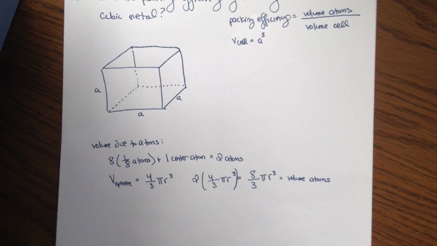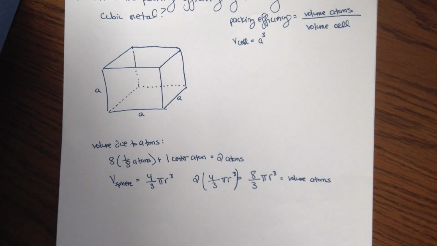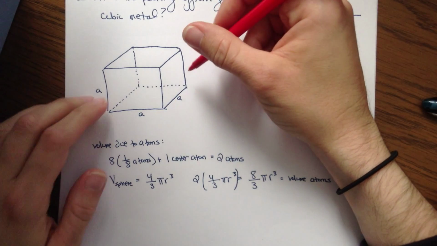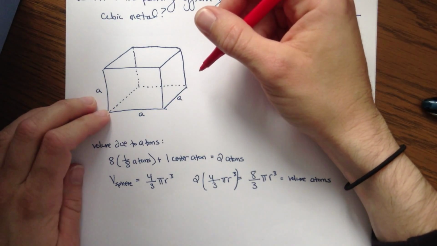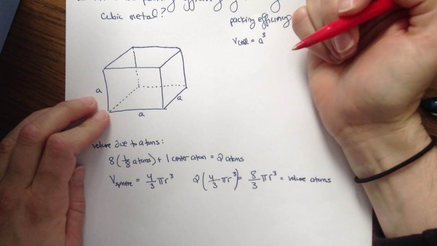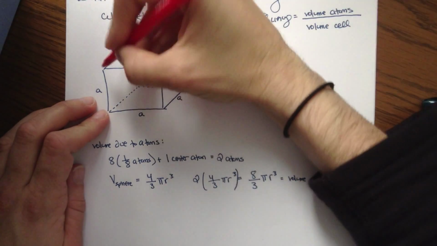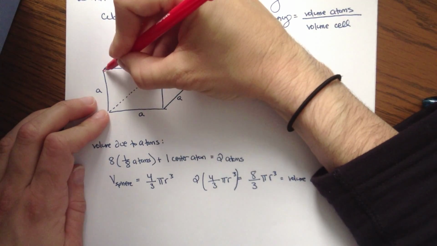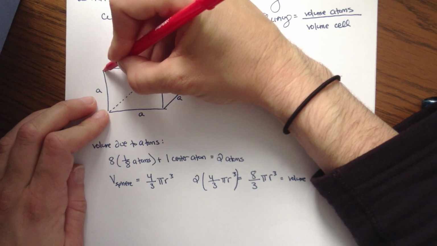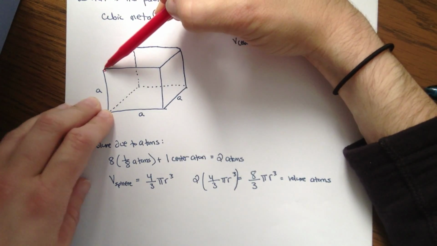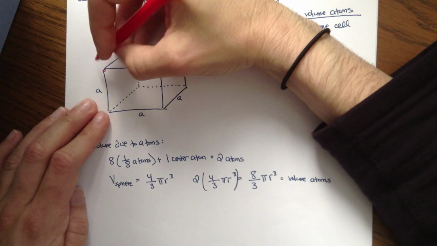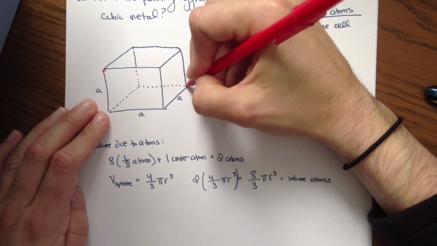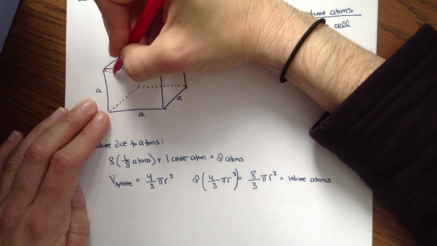What I'm going to do instead is draw a diagonal, a hypotenuse for my triangle that passes right through that center atom. I'll start up at this corner that's closest to me, and draw a line to that lower corner that's furthest from me.